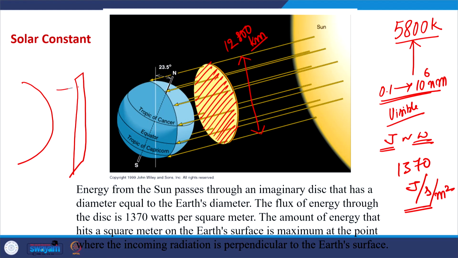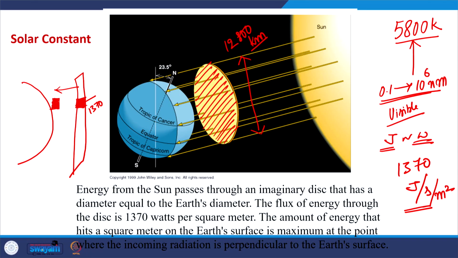So, this energy is transported. You take 1 unit surface area on this disk. Okay. This is 1 unit surface area of the disk. Whatever the energy that is coming here, 1370, if it is projected onto a unit surface area, then you would expect that every point on this earth will get equal energy input.